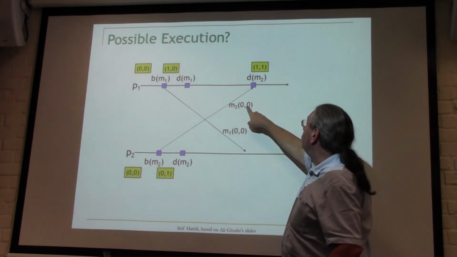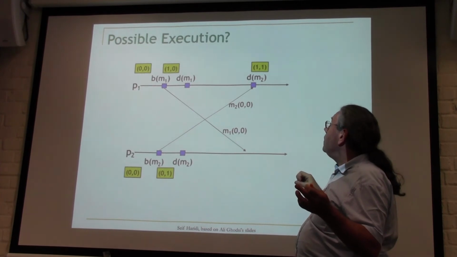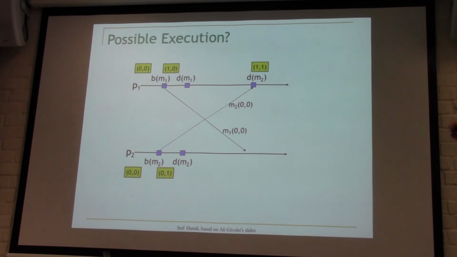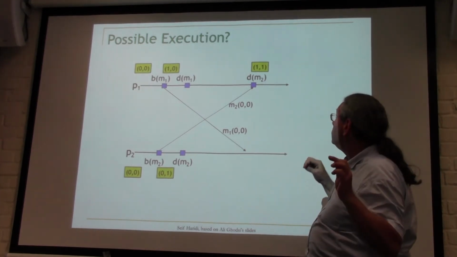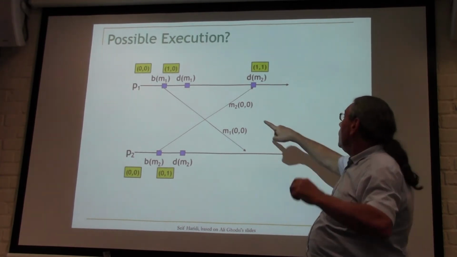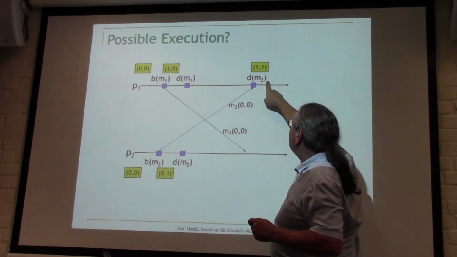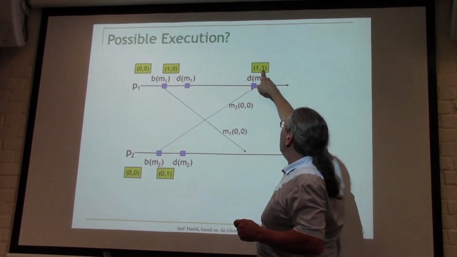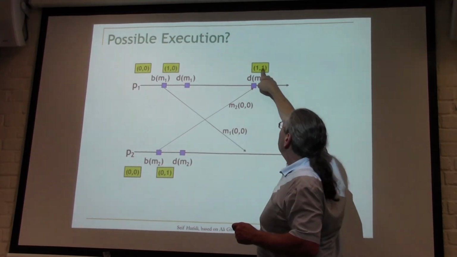It's 1, 0 compared to 0, 0. But that's fine, because they're concurrent events. There can be other events coming in that are not causally related to M2, and that's okay. So M2 arrives here, and since it is coming from P2, you get 1, 1 here.